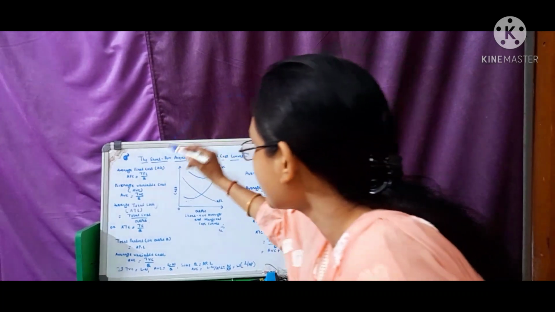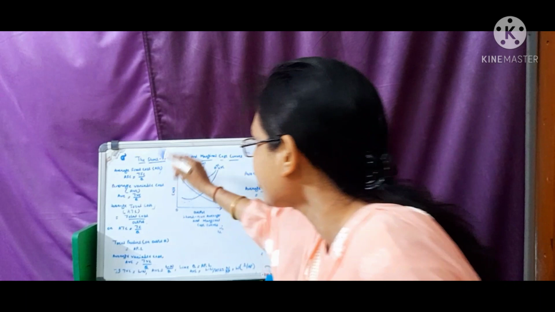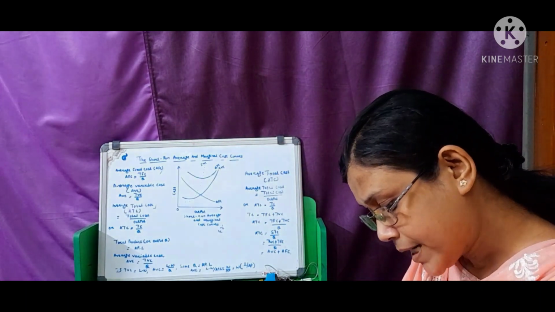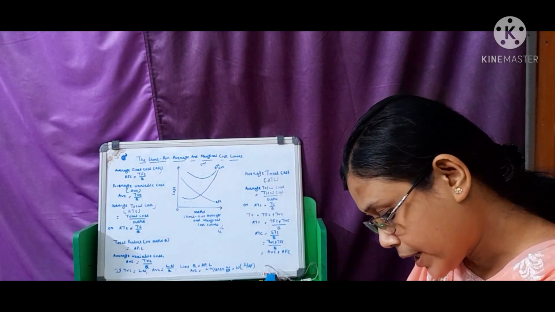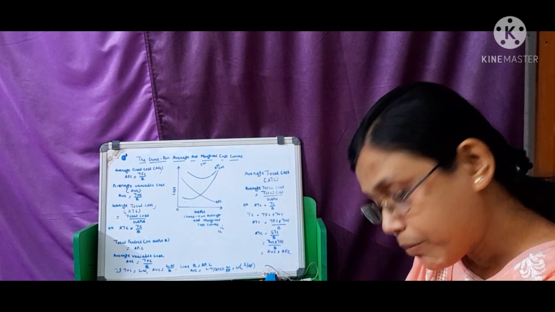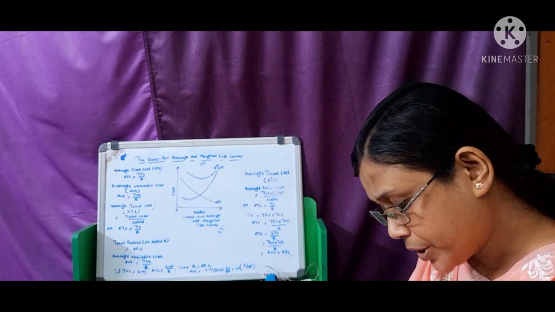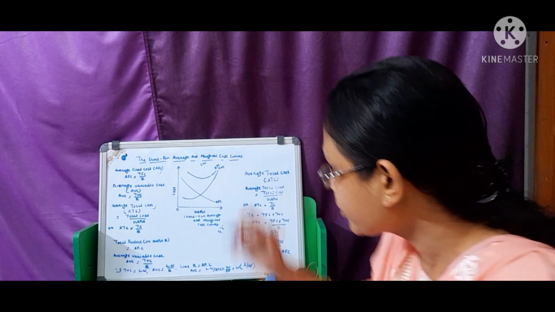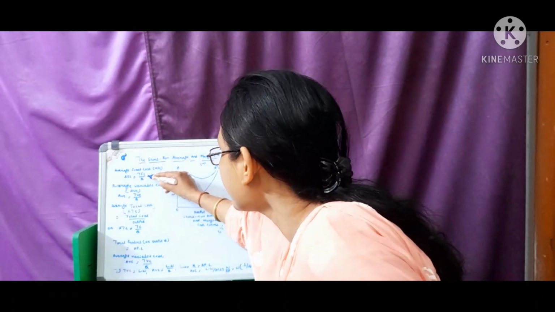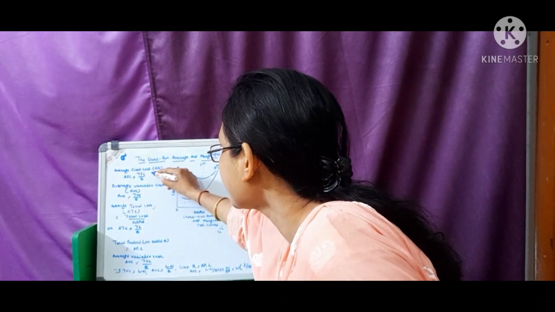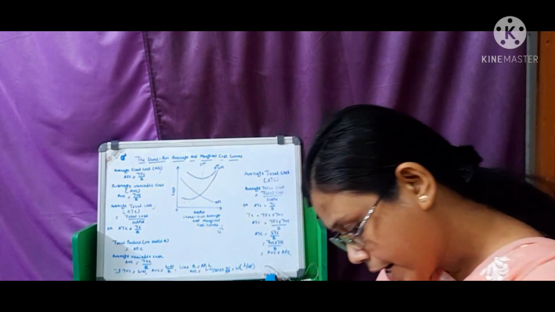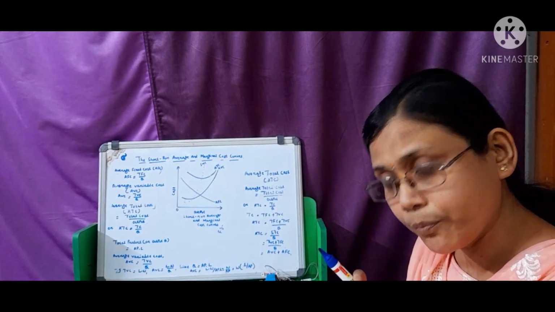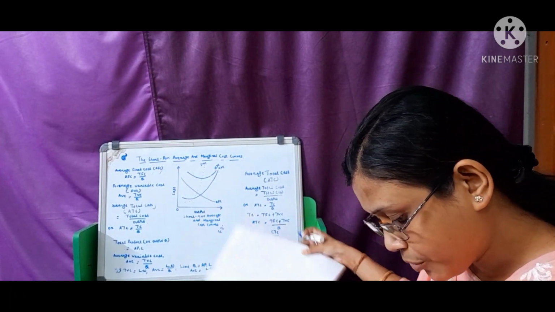First, I will discuss average fixed cost. Average fixed cost is the total fixed cost divided by the number of units of output produced. Therefore, average fixed cost equals total fixed cost divided by Q, where Q represents the number of units of output produced.